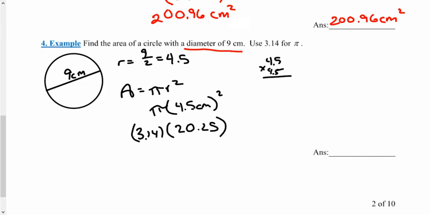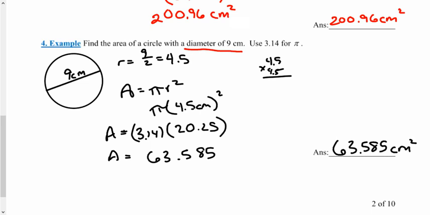So we're going to take 3.14 times 20.25. And this is one that, again, I'm just going to do on the calculator. When we multiply this all out, if you need practice with this multiplication, then you should do it. But you should get exactly 63.585. So that's going to be our answer for the area of this circle.